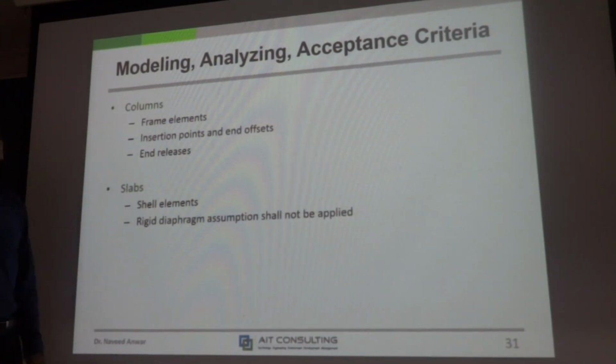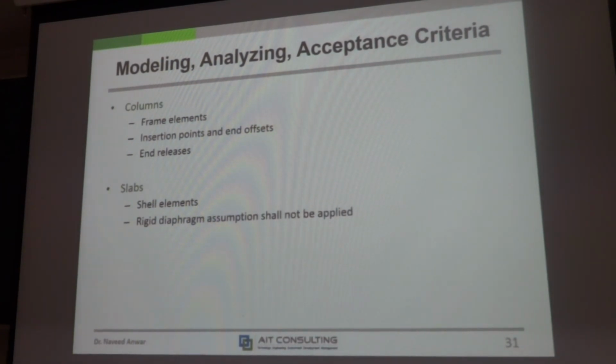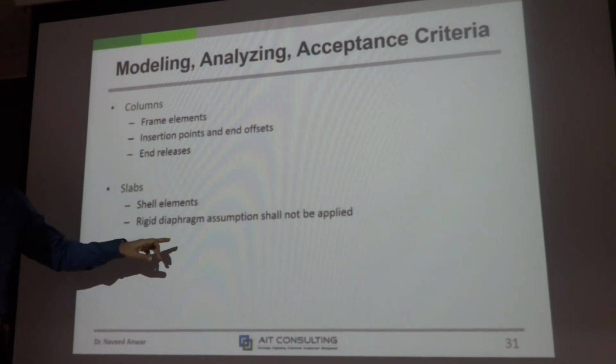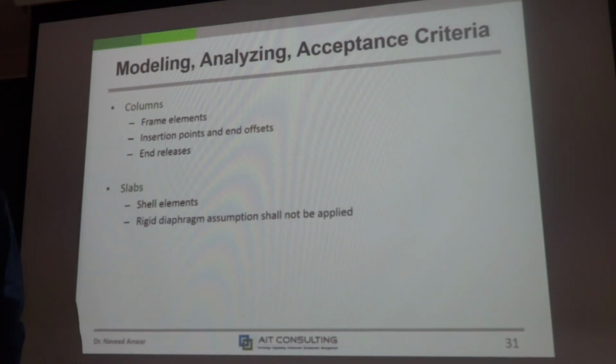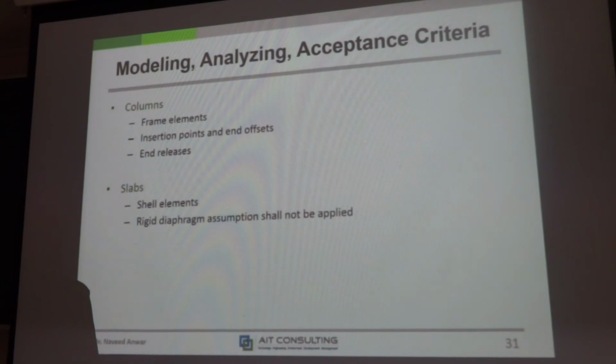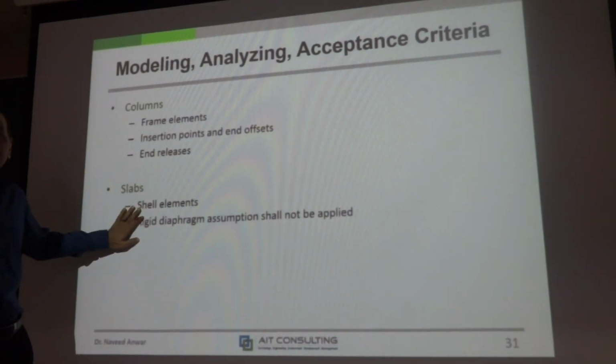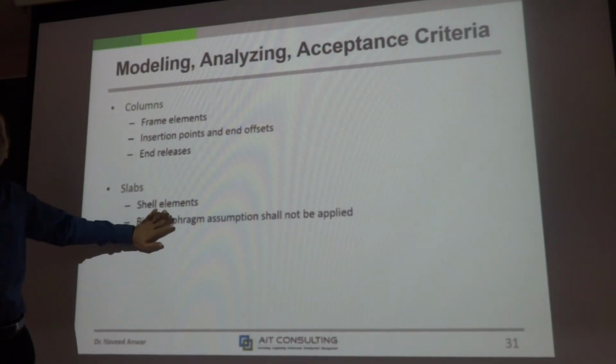Slabs, how we will model the slabs: shell elements, membrane elements, plate elements. Rigid diaphragm assumptions shall not be applied, right? And this is something that people have been using all the time. So we say, no, diaphragm is not rigid. So if not rigid, then what is it? So how do we model that? And how does the diaphragm affect?